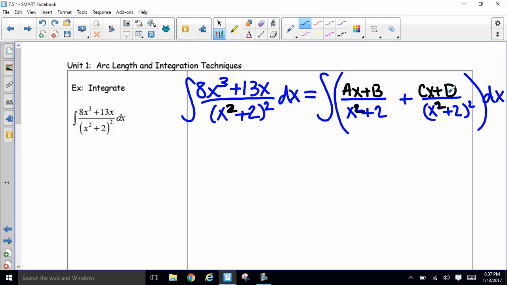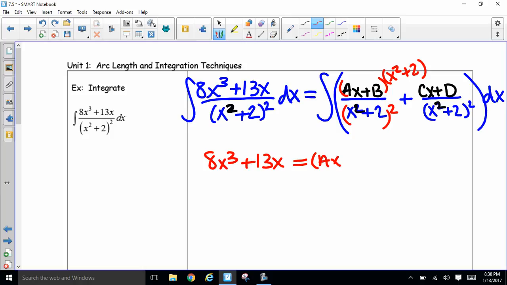Okay, then I need a common denominator. All that's missing here is I need to make it squared, which means all that's missing on top is an x squared plus 2 just one time. I need to set my numerators equal. So 8x cubed plus 13x needs to be equal to ax plus b times x squared plus 2 quantities for each one, parentheses for each one, plus the quantity cx plus d.